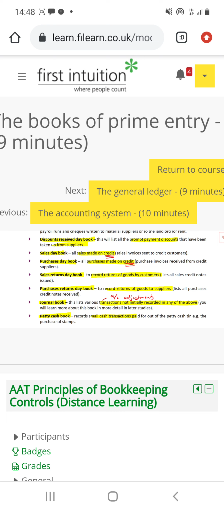But it used to be quite common that in a business you would have a small petty cash tin, whereby if you needed to buy some milk for teas and coffees, or some stamps, people would take some money out of the petty cash tin, pop to the local shop or the post office, buy some stamps, buy some milk, and we just pay for it out of a little bit of company cash. So that's our petty cash book.